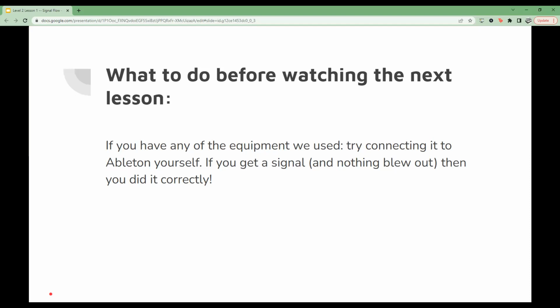You just plug it into a USB port on your laptop, and more often than not, it should register with Ableton. Then you will want to try practicing that. If you get a signal and nothing blew out, I wrote nothing blew out because of the phantom power thing, then you've done it correctly and you are able to understand signal flow, which means that you will be able to set up recordings and stuff.